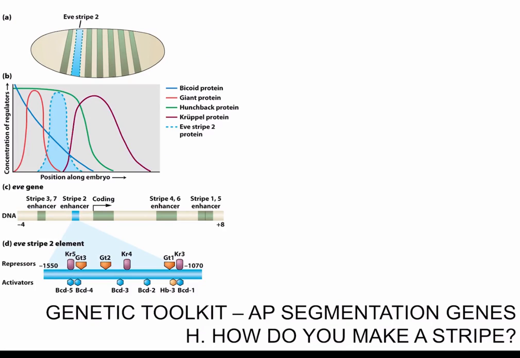But how are we to explain expressions that are localized in stripes or domains, such as the expression of even skipped, which is expressed in 7 stripes, or the expression of Krüppel, which is expressed in a broad domain in the center of the embryo?